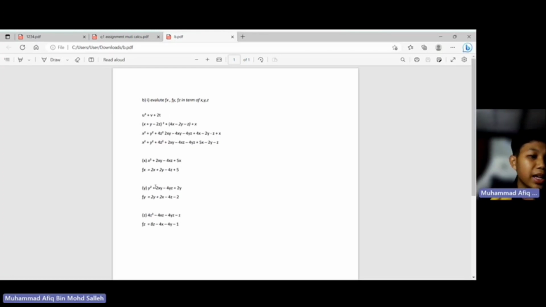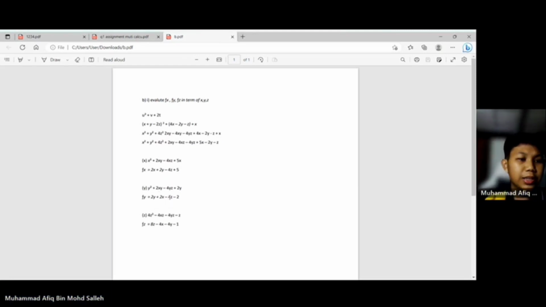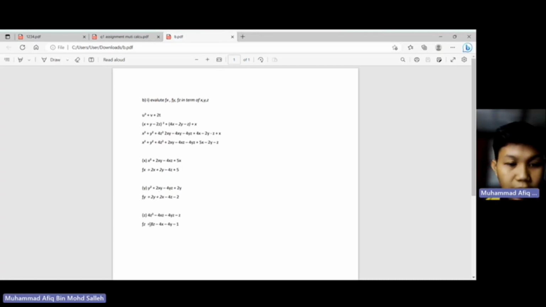We treat x and y as constants and differentiate the expression with respect to z. And the final step, we search for fz: 4z squared minus 4xz minus 4yz minus z. Fz equals 8z minus 4x minus 4y minus 1.